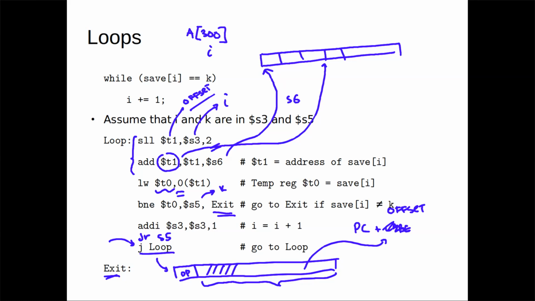Yeah, so we said that S6 was the address, but the manufacturer said that T1 was the address. I'm just guessing, the address of the beginning of the array.